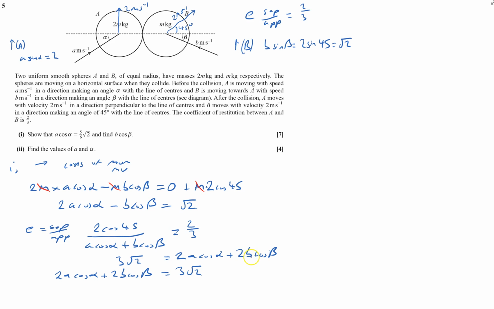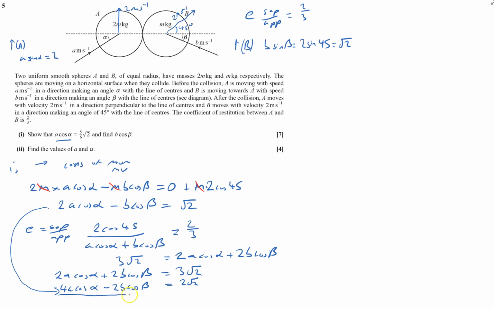And the question asked me to find out what A cos alpha is, so I need to get rid of this bit, so I'm going to take this one here and multiply it by 2 to get 4A cos alpha, minus 2B cos beta equals 2 root 2.